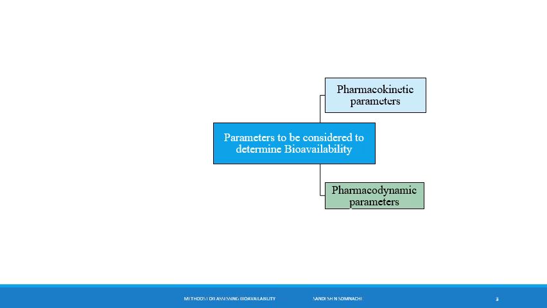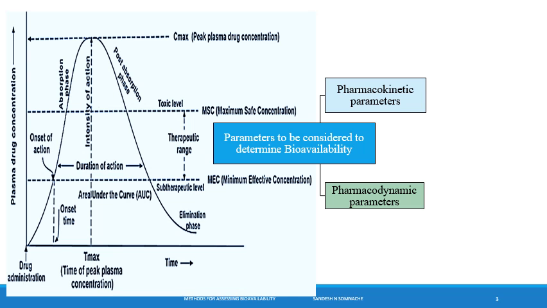There are some pharmacokinetic parameters and some pharmacodynamic parameters we can use to determine bioavailability. First of all, I will give an overview of these parameters, then we will proceed towards the actual methods for determination of bioavailability. Pharmacokinetic parameters include the area under curve.